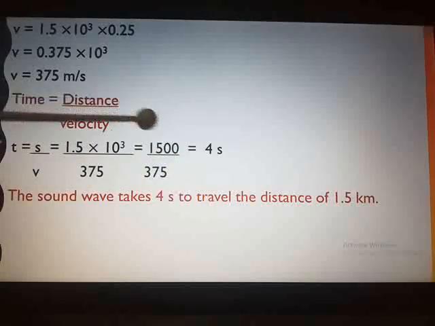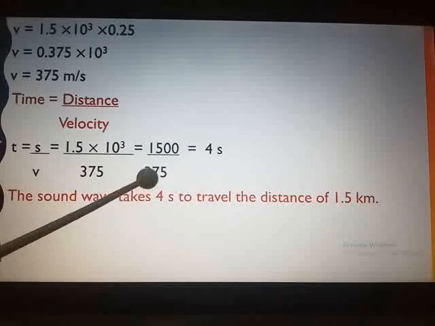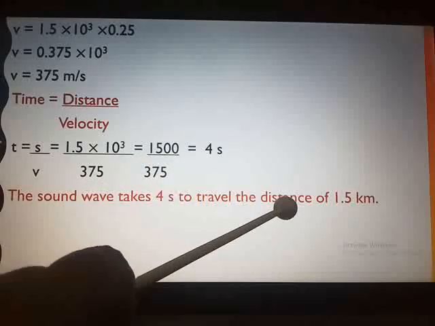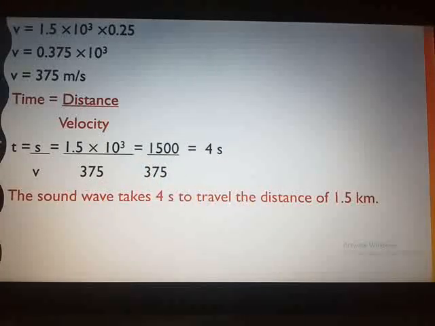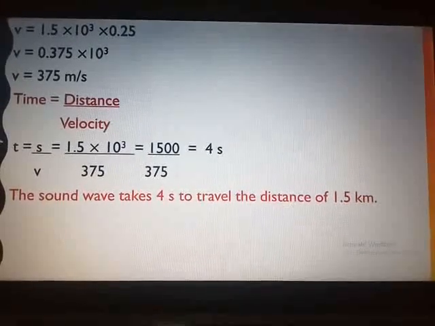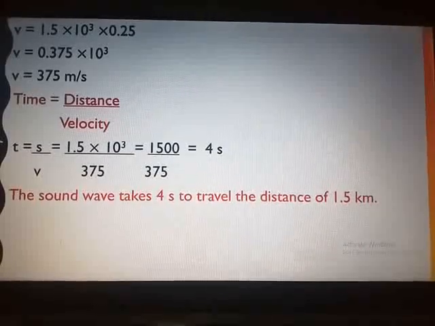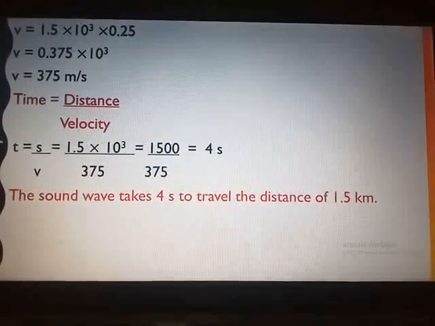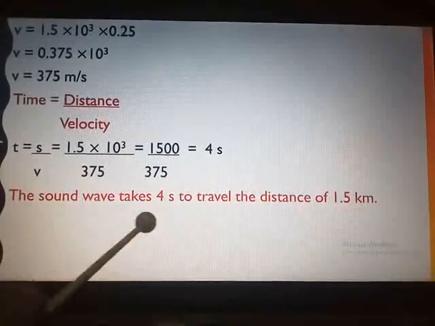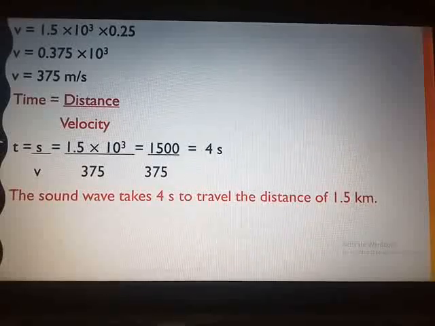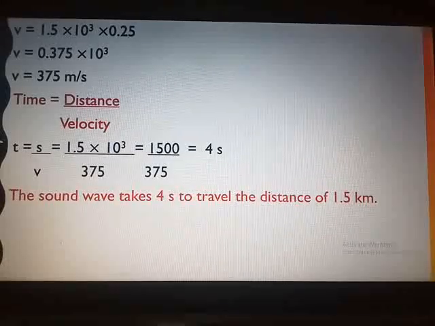As it is time, the unit is second. So the sound wave takes 4 seconds to travel the distance of 1.5 kilometers. So here you have got the answer. They have asked us how long will it take, and you have got the answer: it will take 4 seconds to travel the distance of 1.5 kilometer.